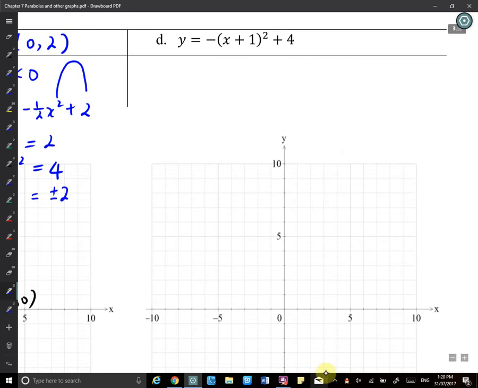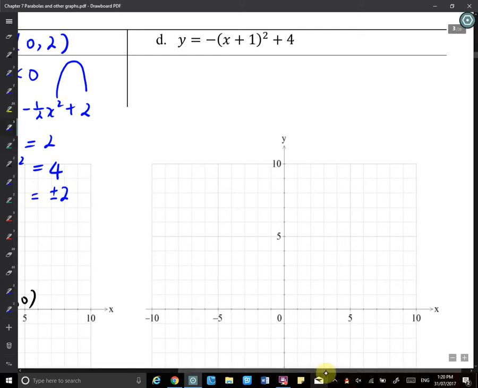Okay, next one. y equals minus bracket x plus 1 squared plus 4. What's the turning point in this question? Negative 1, 4.